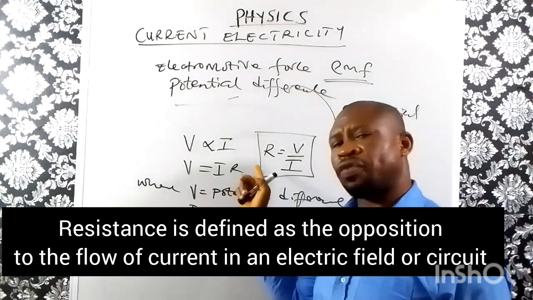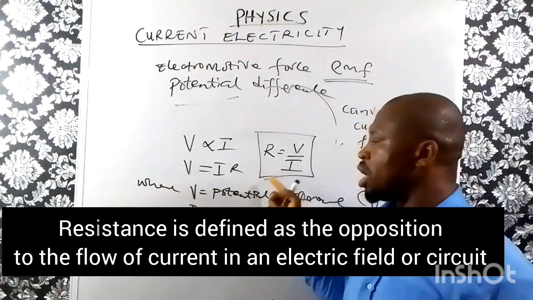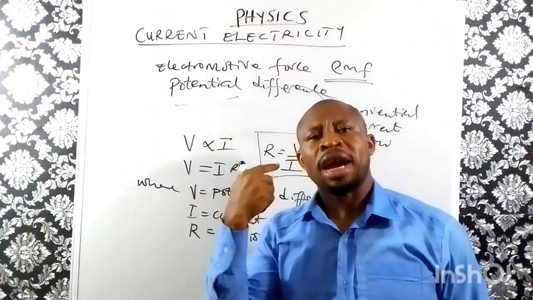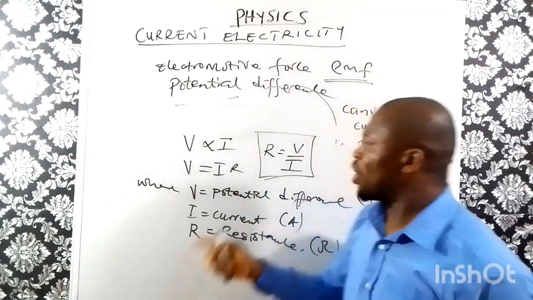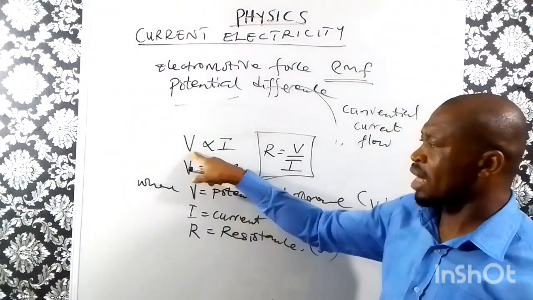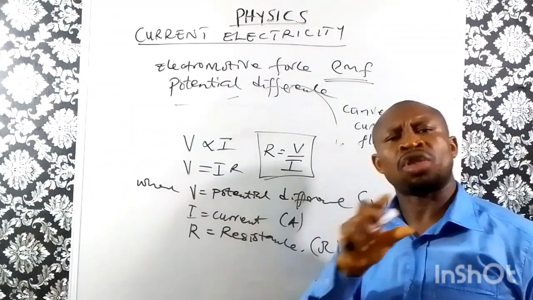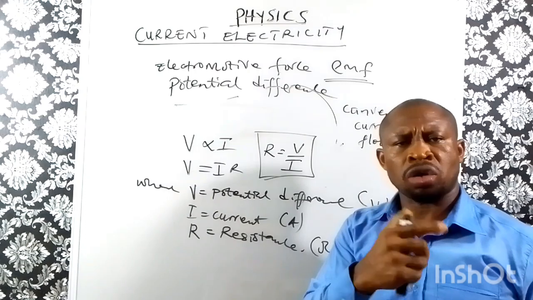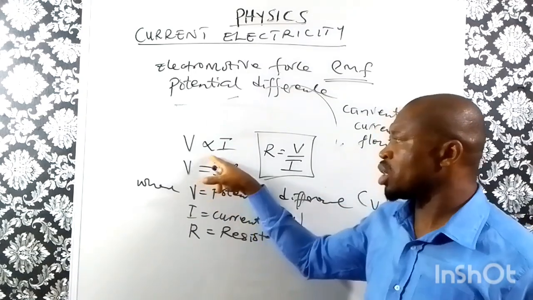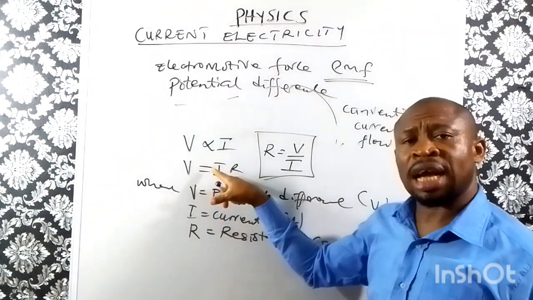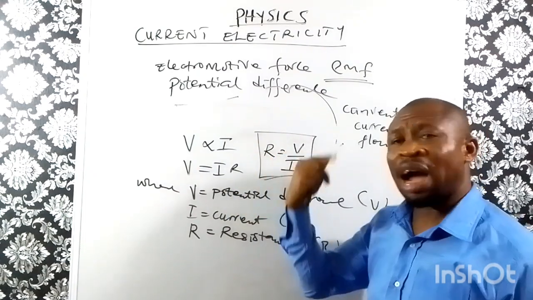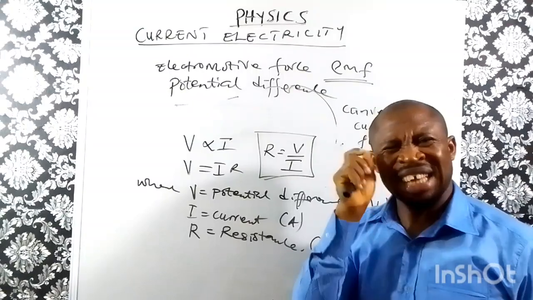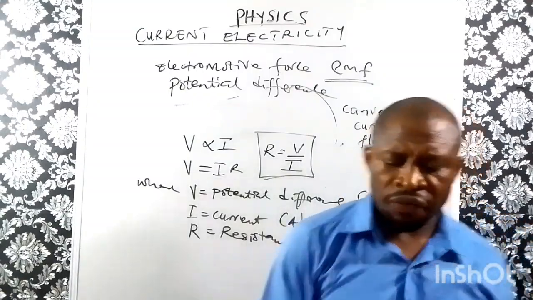Remember we said earlier that provided that temperature and other physical factors are kept constant, this law holds. Let us look at those factors that should be kept constant, because if you don't keep them constant, it will affect the resistance. That will take us to factors affecting the resistance of a wire.